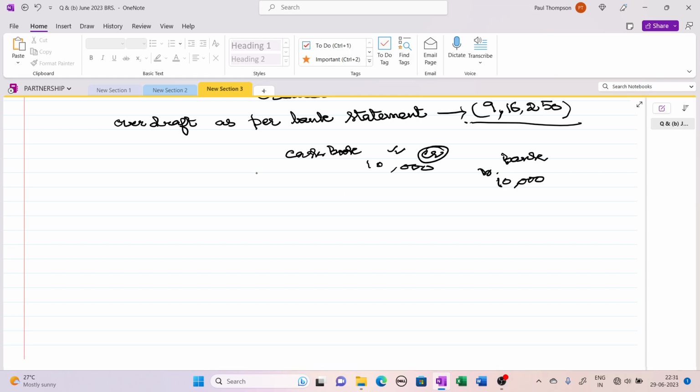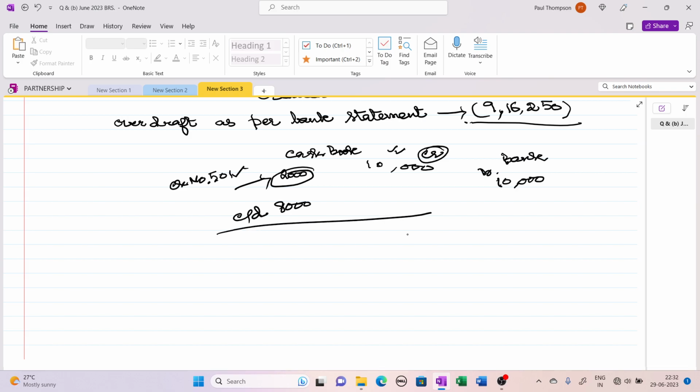Now what happens? I have received a cheque of number 501. This cheque number, just for example, I am taking randomly 501. I have received 2,000 rupees through cheque number 501. The moment I enter it here, my balance will come down by 2,000 to 8,000.